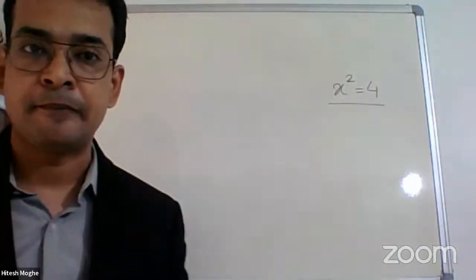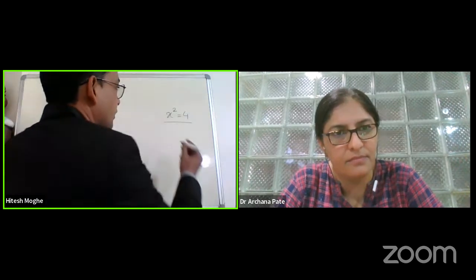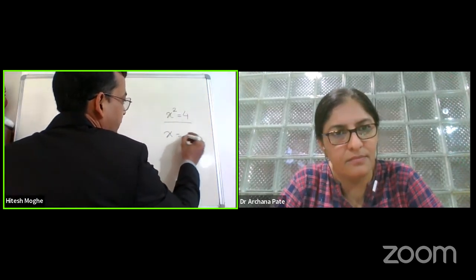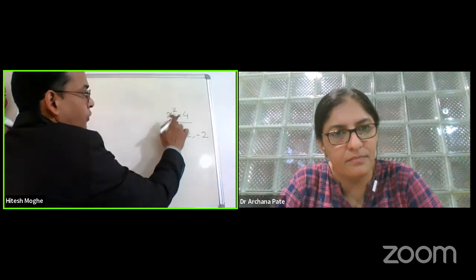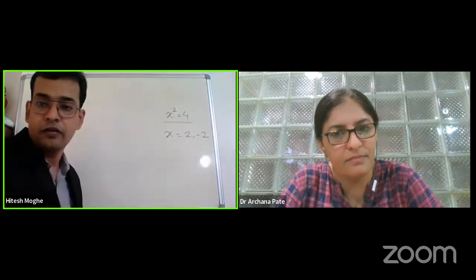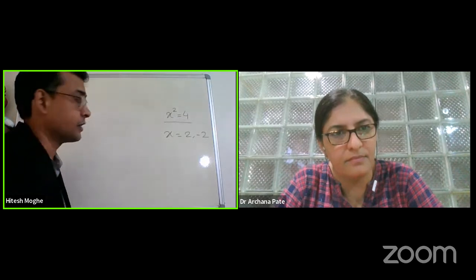What is the power of x in this equation? As you can see, power of x is 2, right? It's a second degree equation, so it should have 2 answers. Two answers are 2 and minus 2, because 2 का square भी 4 है and minus 2 का square भी 4 है, so it has 2 answers, right?